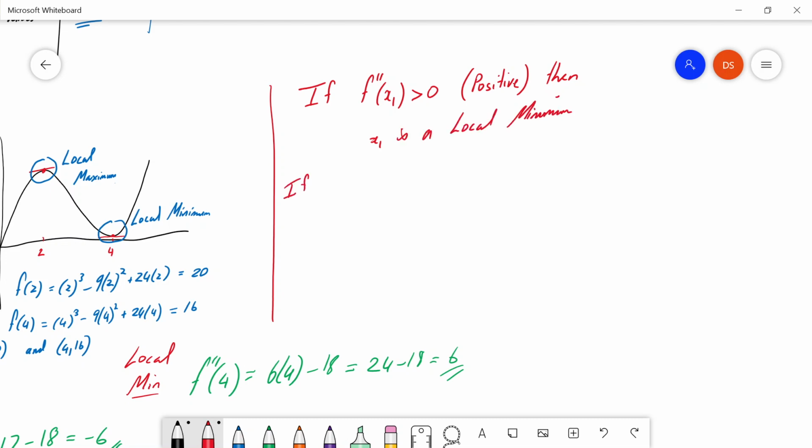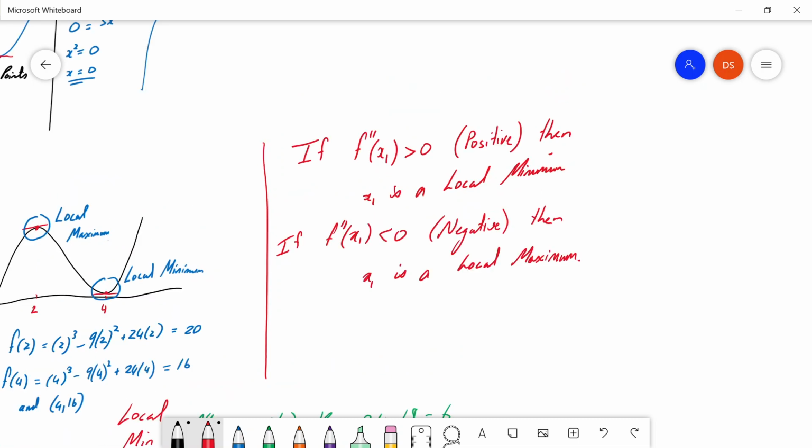If the second derivative at that point is negative, then x1 is a local maximum. Remember, x1 has to be where the gradient is 0, for x1 such that f dash of x1 equals 0. So given that you've got a point where the gradient is 0, if the second derivative is positive, then it's a local minimum. If the second derivative is negative, then it's a local maximum.